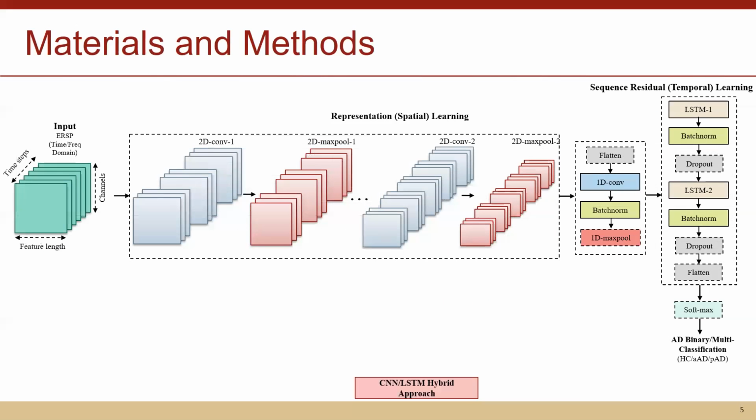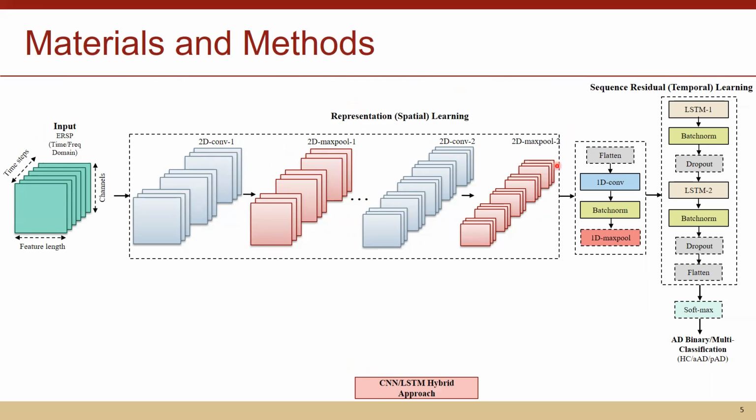And this is the CNN-LSTM hybrid approach applied on the EEG dataset. We treat the ERSP features as images, and those images are fed into the representation spatial learning. At this stage, we apply 2D CNN models.